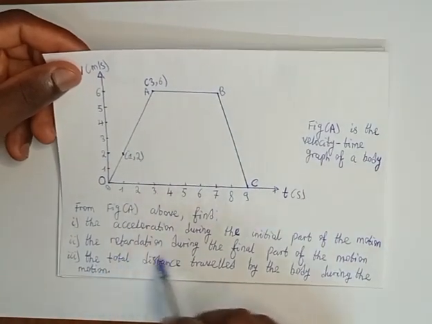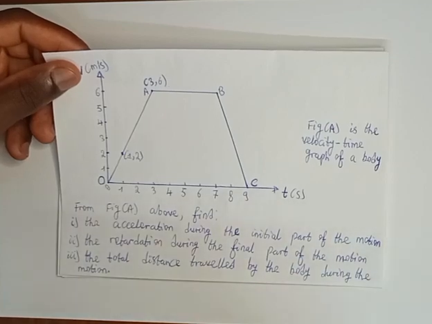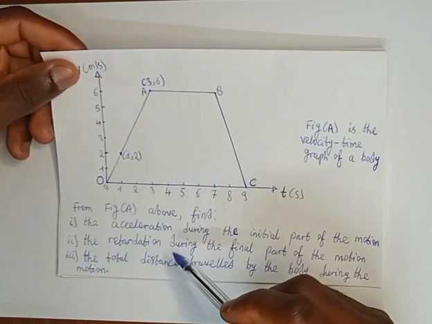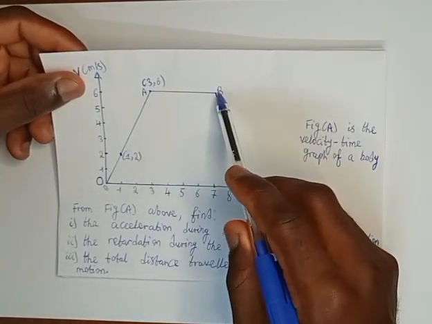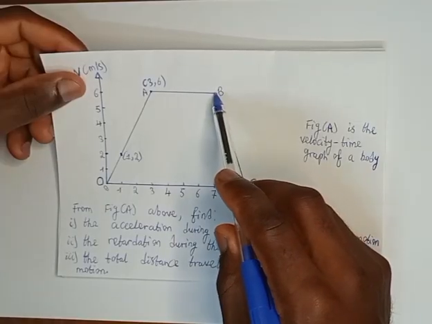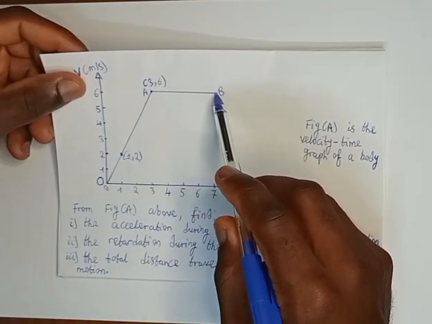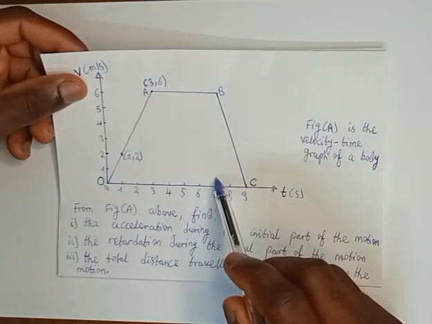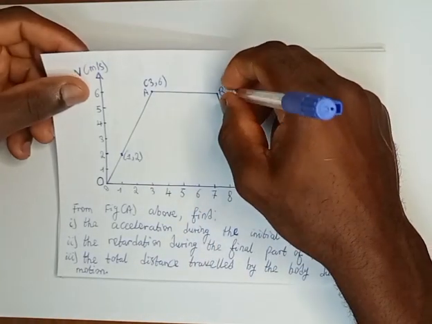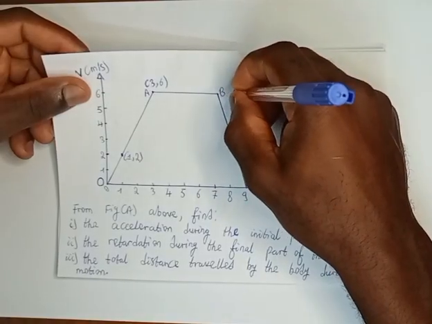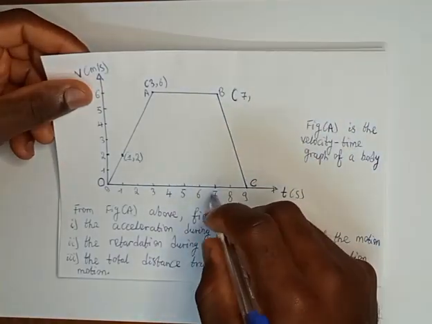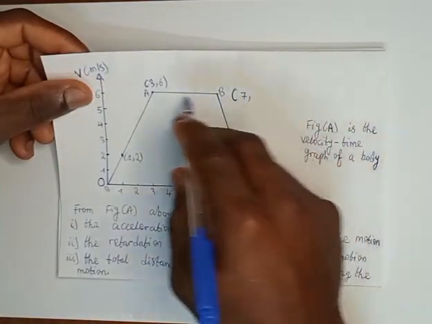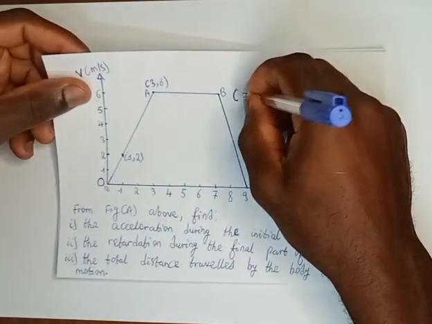For us to find the retardation during the final part of the motion, we are going to make use of this point, which is here, we have T as 7 and V as 6.